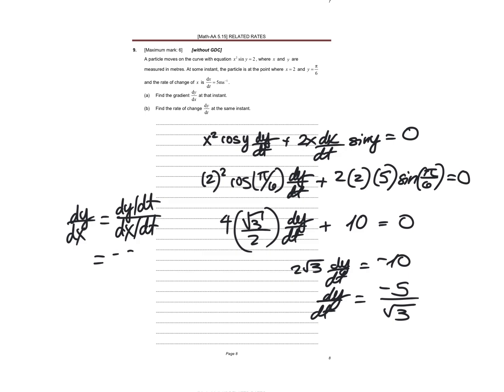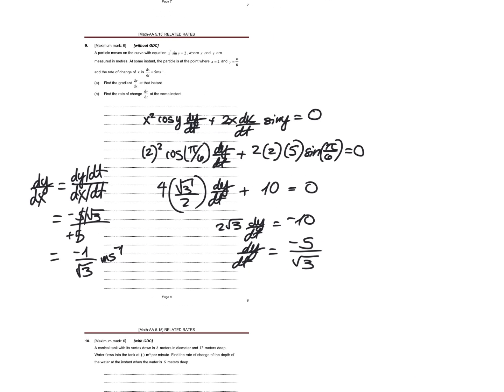So we've got negative 5 over root 3 over negative 5. So, over positive 5, sorry. So that's going to be negative 1 over root 3 meters per second. Okay, and then B, find the rate of change dy/dt. Okay, so we already did that.